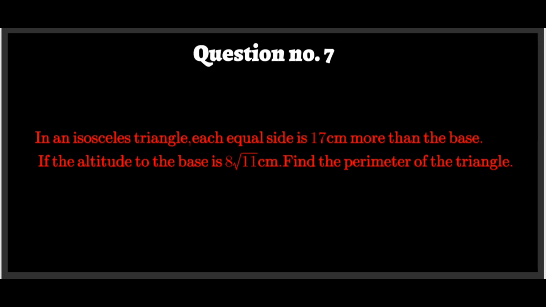Question number 7. Let's make a rough diagram of the given question. So let us assume that this is our triangle ABC, and given that each equal side is 17 centimeter more than the base.